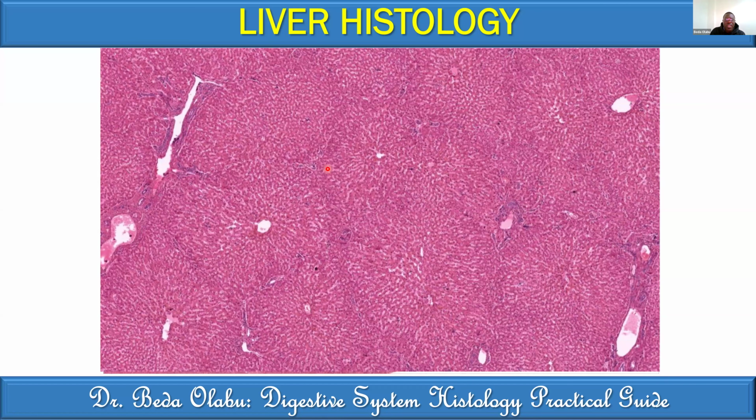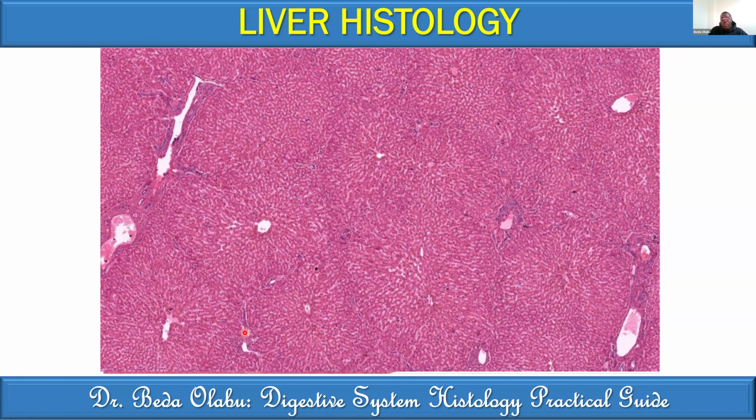But within the connective tissue framework, that may either be a lot or little, we have three other structures. One, we have a branch of the hepatic artery, so you may want to call it hepatic arteriole. And two, we have a branch of the portal vein.